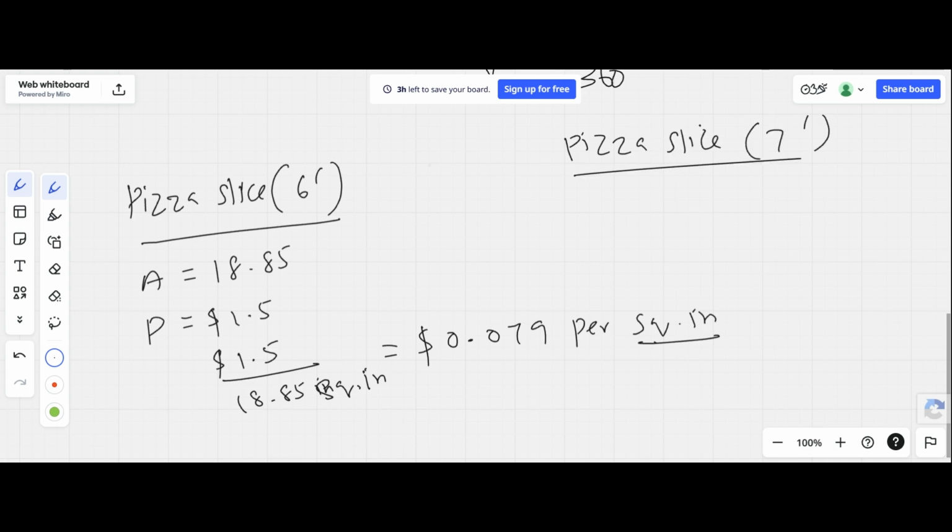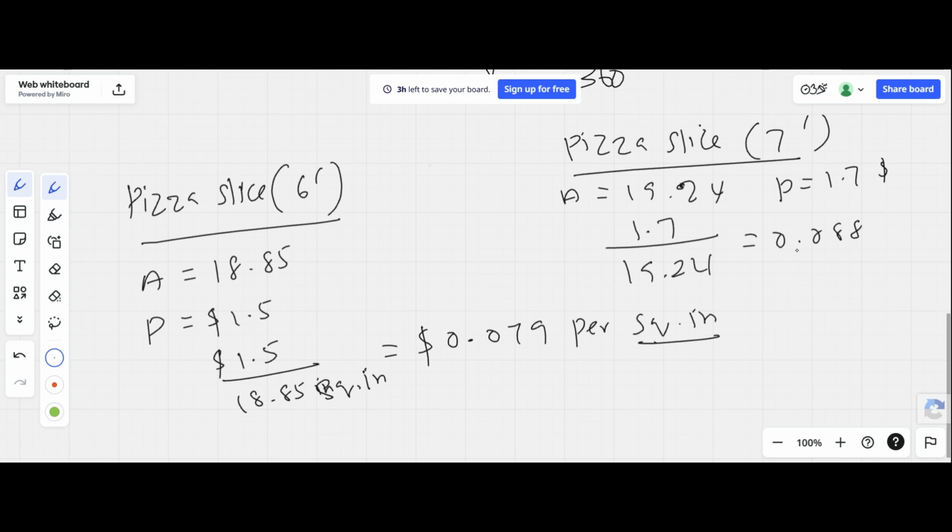Let's take the second slice, the 7-inch slice. Its area is 19.24 and the price is $1.7. If you divide 1.7 by 19.24, it will be around 0.088.